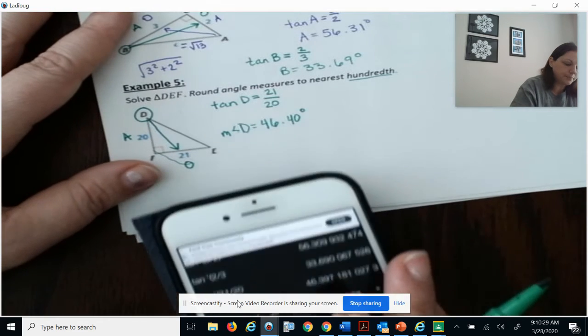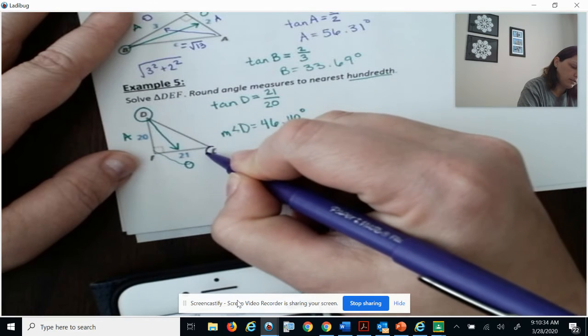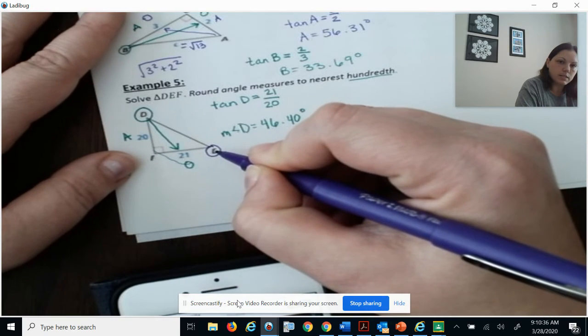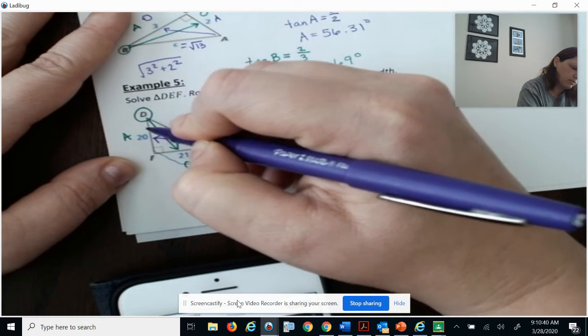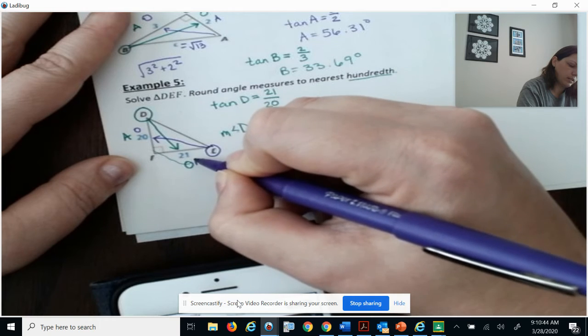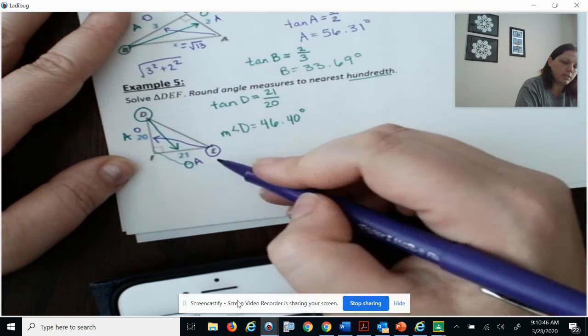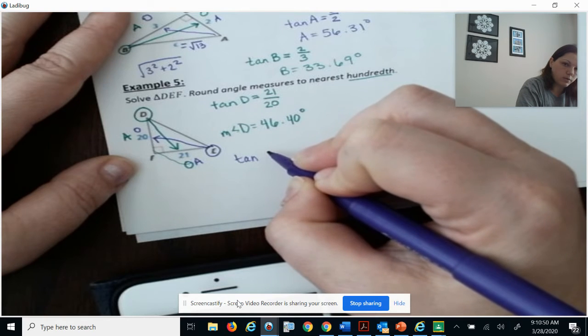We'll get technical. All right, and then if I look at measure of angle E, from the known side lengths, I know the opposite is 20, and my adjacent leg is 21. So opposite adjacent again means I'm going to use tangent. Now, you're not always going to use tangent.